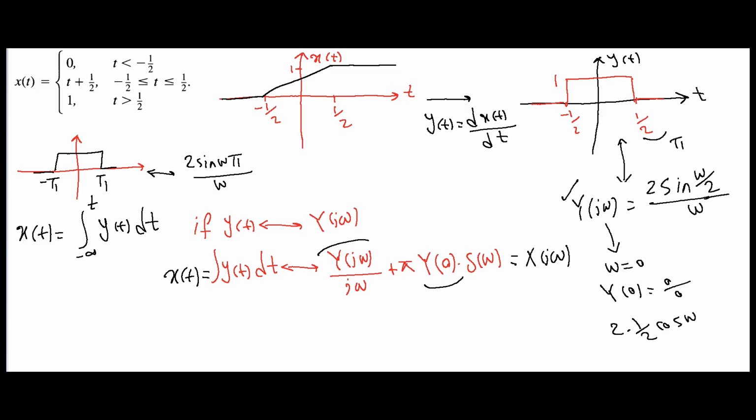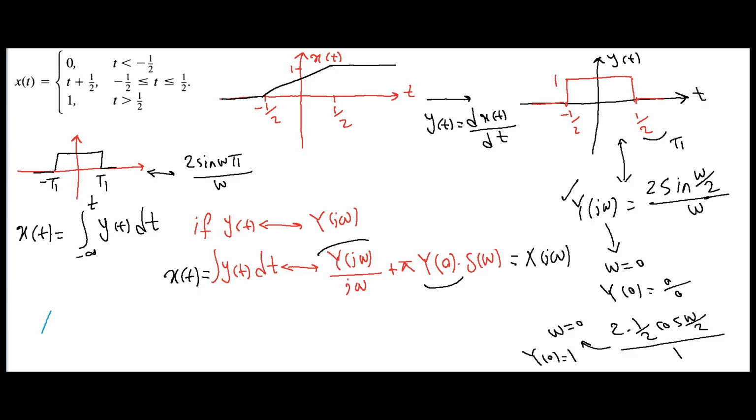So we use L'Hôpital's rule. L'Hôpital's rule is to differentiate numerator and denominator with respect to ω. The derivative of 2 sin(ω/2) becomes cos(ω/2). The derivative of ω is 1. Now substitute ω equals 0, cos 0 equals 1. Therefore, Y(0) equals 1.